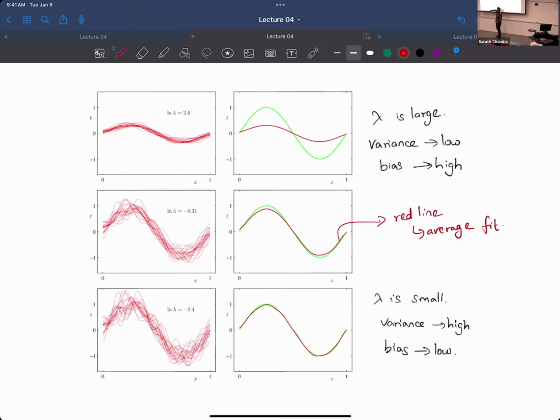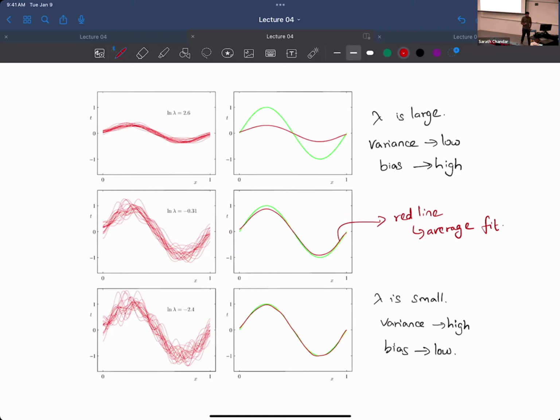However, when you take an average of all these 100 complex curves, you get a curve that is actually very close to the green. Which means when you have more complex models, the bias is low, the variance is high.